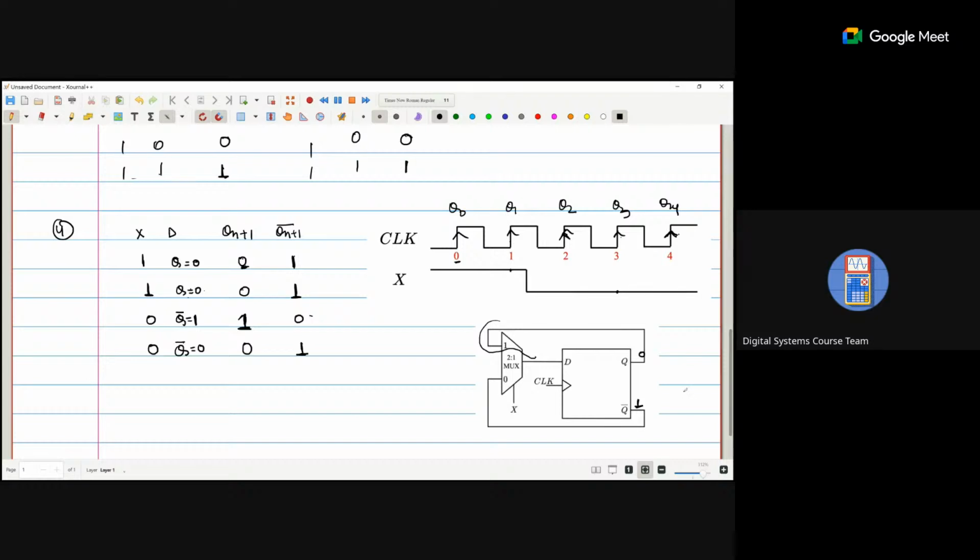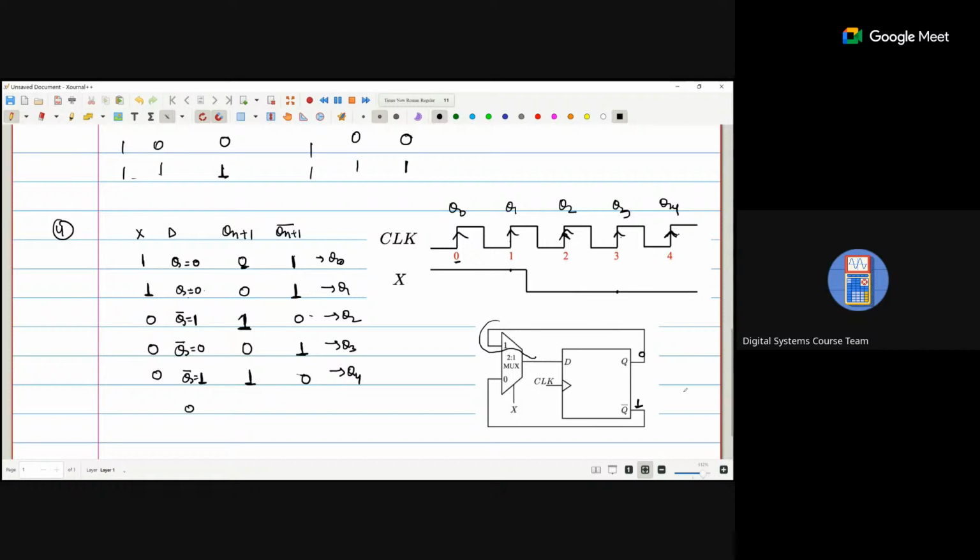Now for the next clock pulse, again x is 0, so q bar is selected, q bar is 1. So we are getting 1 as the output, and here we are getting 0. So this is our Q0, Q1, Q2, Q3, and Q4.